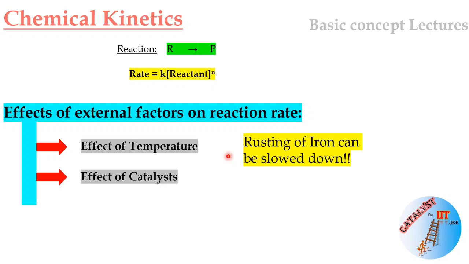If you can tune the reaction rate with temperature, you can slow down the rusting of iron, because this is also a chemical reaction, right? So it is very important to know the effect of temperature, how the temperature is affecting the reaction rate. It is also important to know the effect of catalyst. We are going to discuss in detail what is catalyst and how it is going to affect the reaction rate.